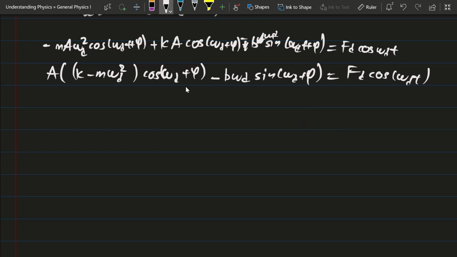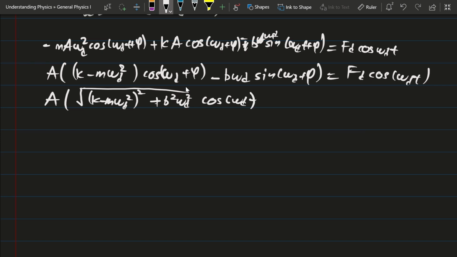So from here, you could actually realize that you could simplify this entire thing into the square root of (k minus m omega_d squared) all squared, plus b squared omega_d squared, there you go, with a cosine omega_d t.